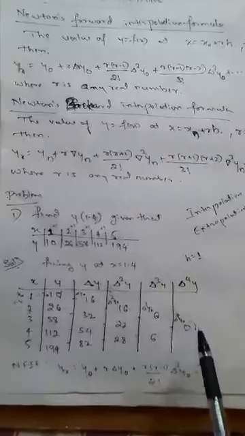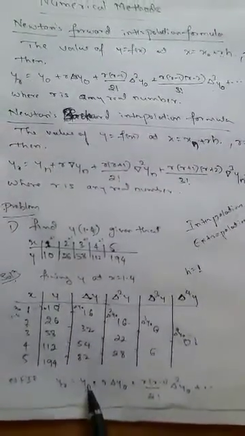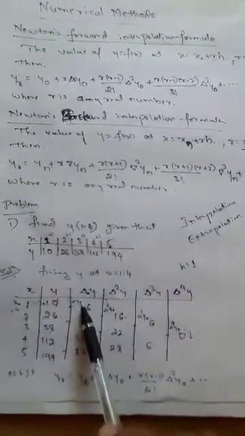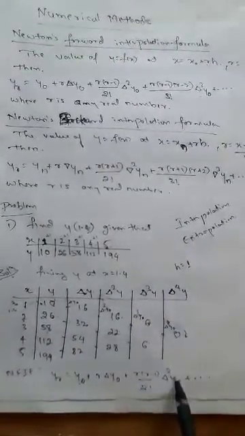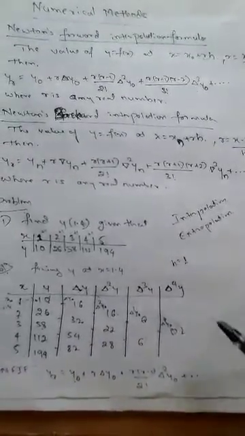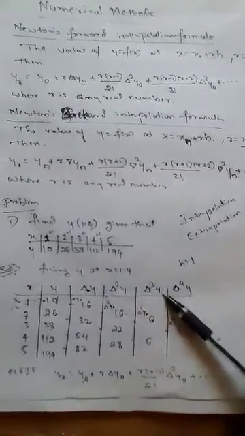Here y naught is the given value, delta y naught is the first difference, delta square y naught is the second difference, and delta cube y naught is the first entry of the third differences.